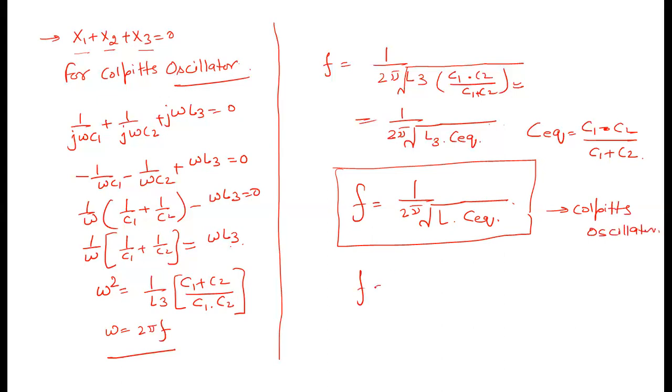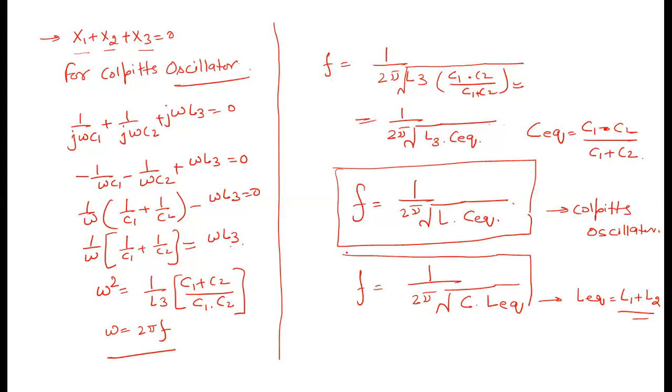And for Hartley, we have 1 by 2 pi square root of C into L equivalent, where L equivalent is equal to L1 plus L2. This is for the Hartley oscillator.